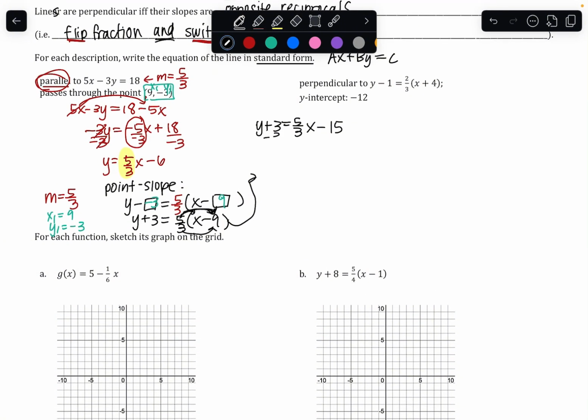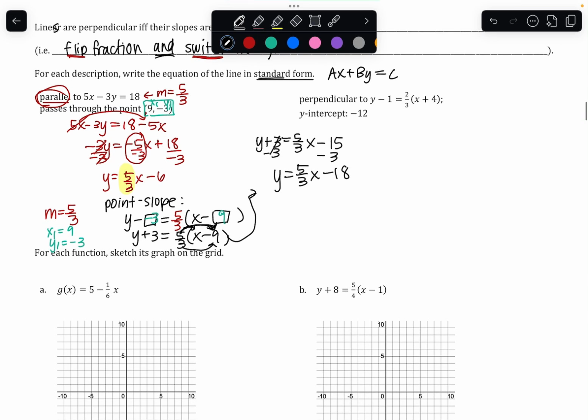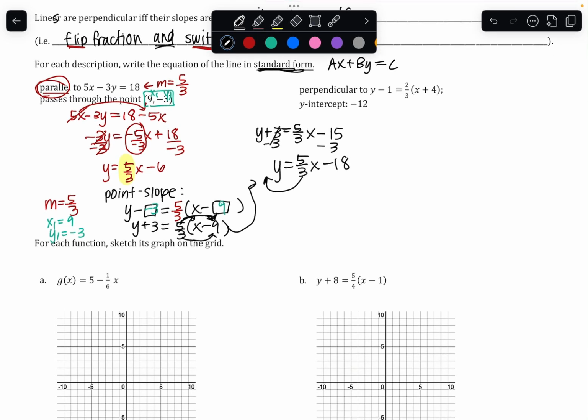Okay, and then we need to subtract 3 from both sides. So there's our slope-intercept form. Still not what they wanted. They wanted standard form. And so we move the x term to join the y. And then lastly, we scale it so that we only have a positive integer here.